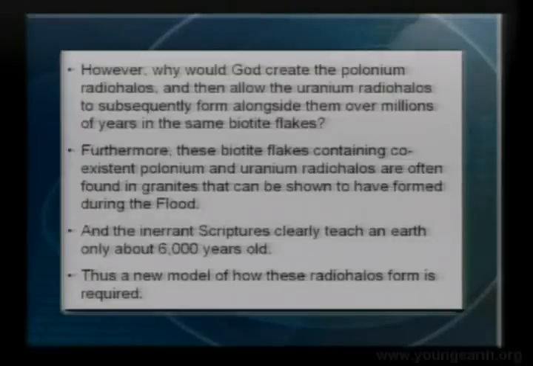So this means that we had to develop a new model for understanding how these polonium radiohalos could form. Well, the clue is this. Think about it. Here we have a uranium-238 halo down the bottom there. On the bottom right, we have a polonium-210 halo. It's in the same biotite flake. What is inside the uranium halo?